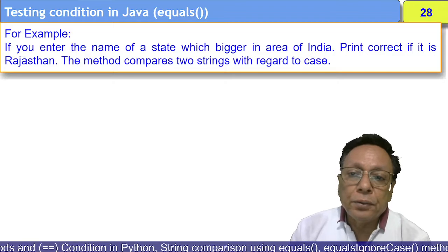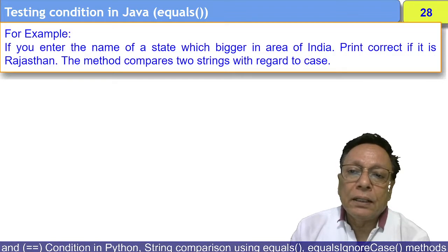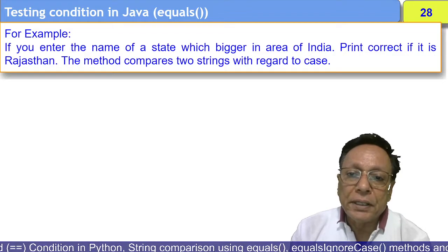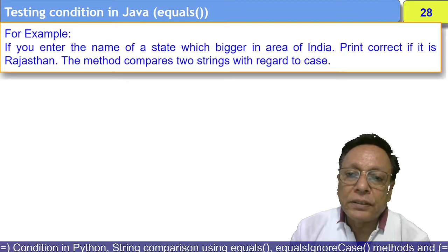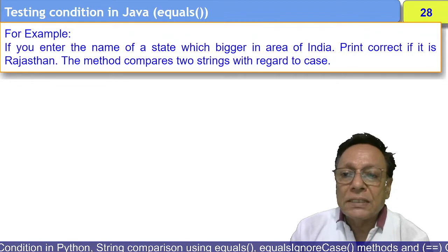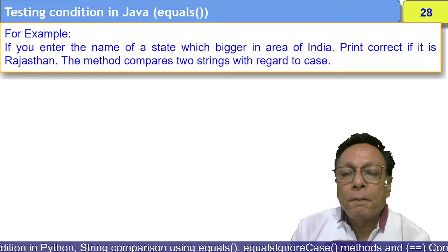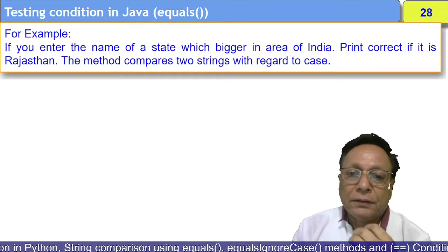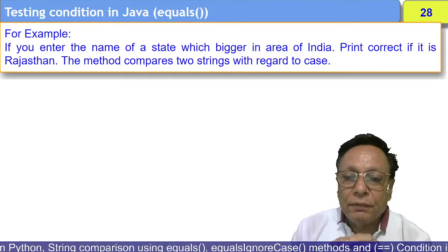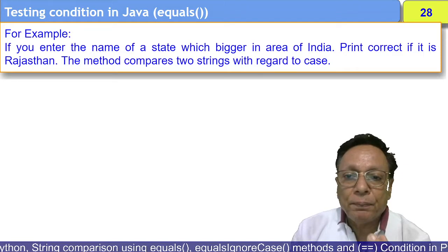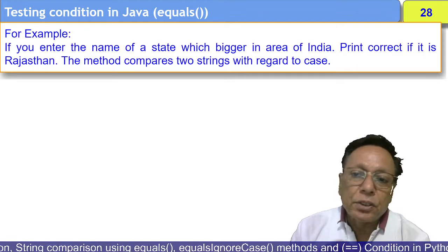And when you use equals, the mandatory condition is that both the strings should possess the same case of letters. Means if the string is in capital, then both the strings should be in capital.